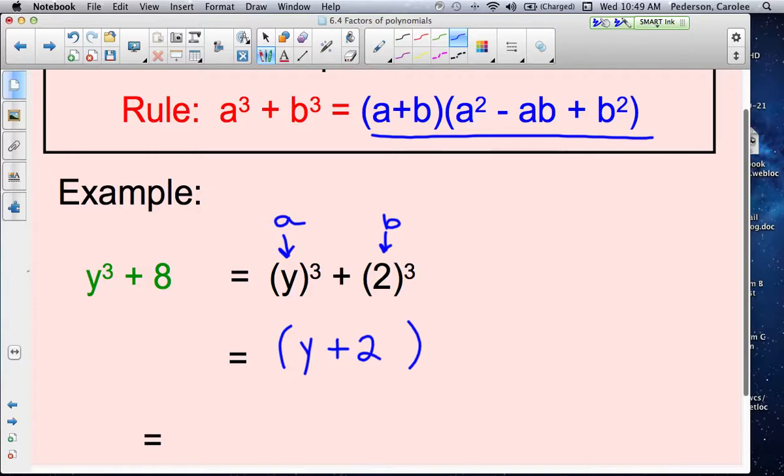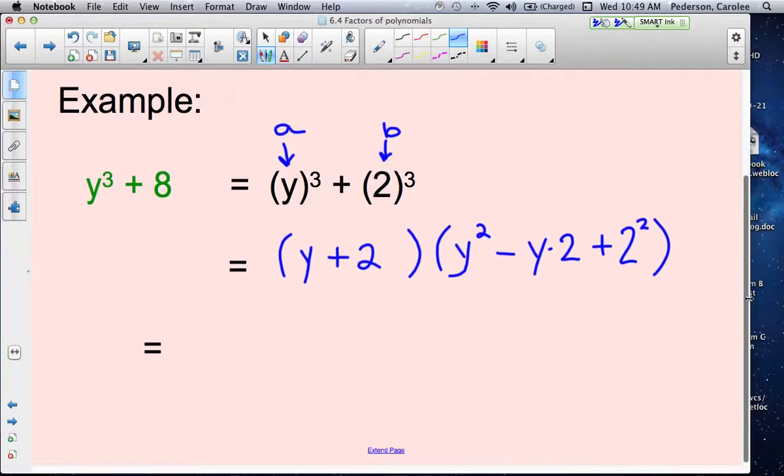And then my second parenthesis is going to be a squared, so that is y squared, minus ab, so y times 2, plus b squared, which is 2 squared.